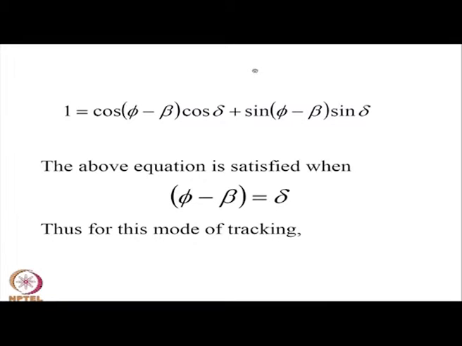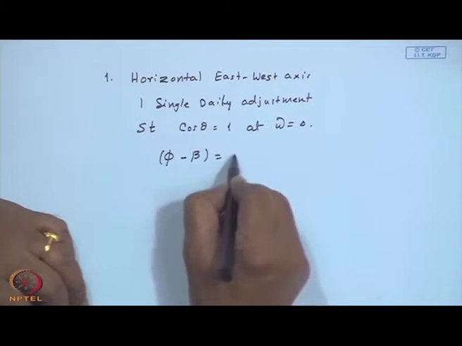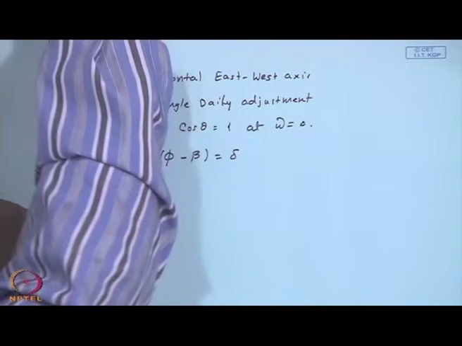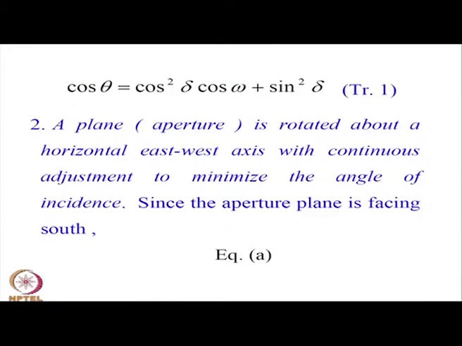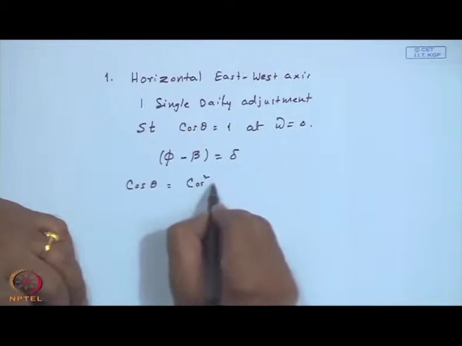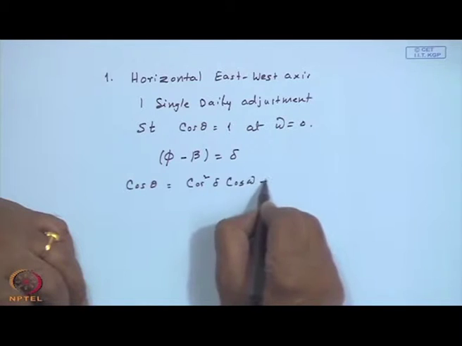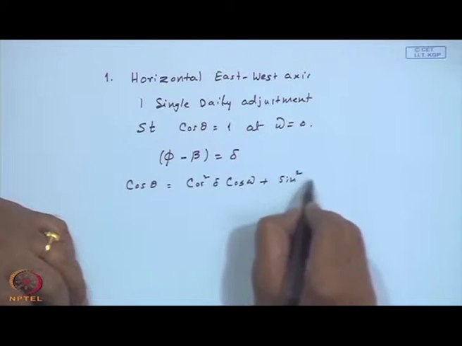So, this gives us the condition to be satisfied: phi minus beta equal to delta. So, that cosine theta is given by cos squared delta cos omega plus sin squared delta.